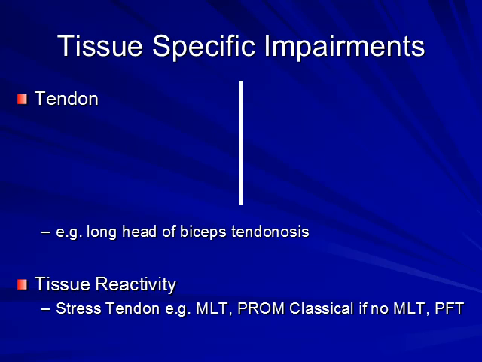So what we've done is every time we look for the tissue reactivity, we look for the test that best passively stresses the tissue, which fits the definition of tissue reactivity. The best step to passively stress the tissue. And if we don't have the best step, we look for the next best step and then the one following that, right? So our clinical rationale is based on the definition of tissue reactivity.